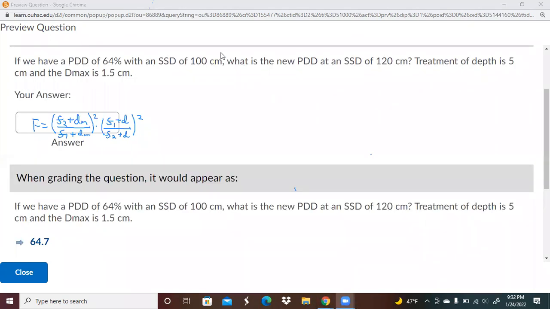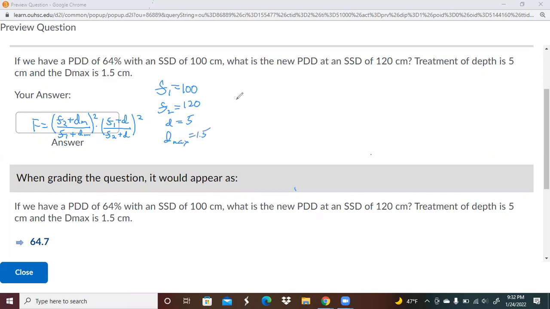Let's go to annotate. Again, it's always good to identify your variables. F sub 1 is going to be 100, F sub 2 is going to be 120, your depth is going to be 5, and the Dmax is going to be 1.5.